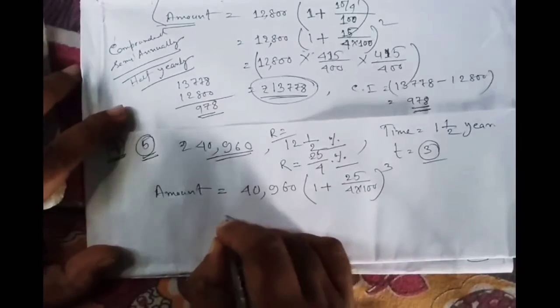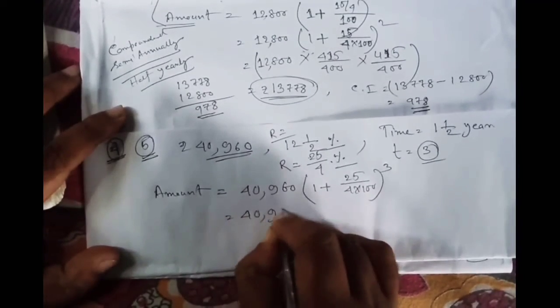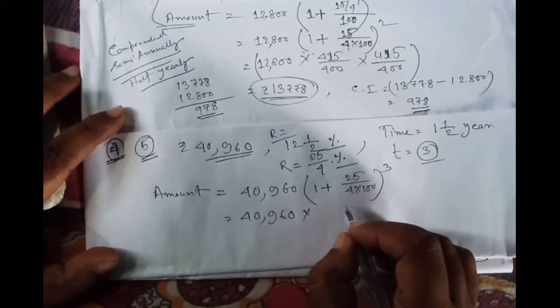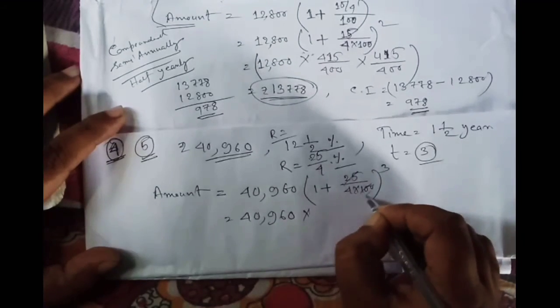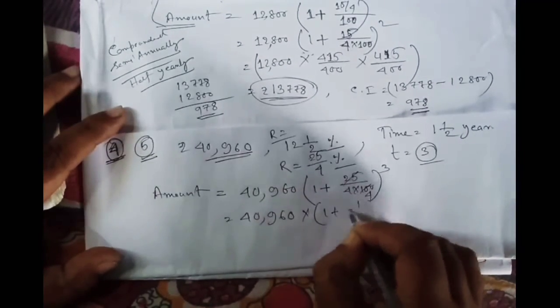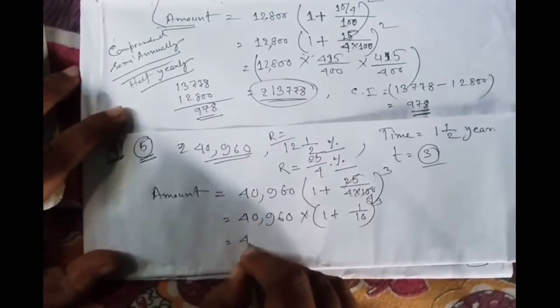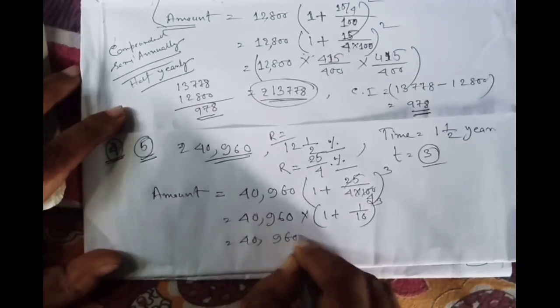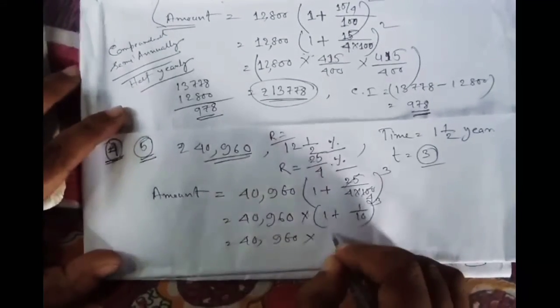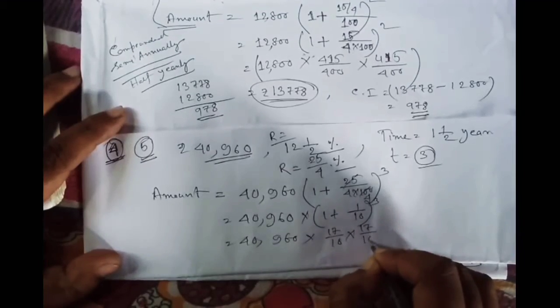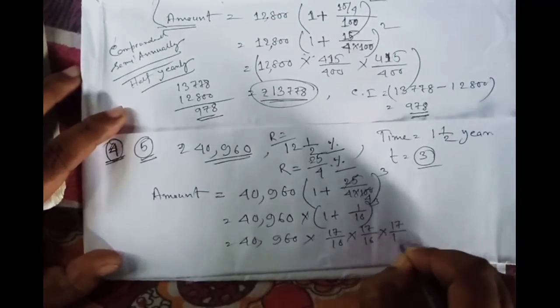Understood? So this is 40,960 into 1 plus 1/16 whole to the power 3, that is 40,960 into 17/16 into 17/16 into 17/16.